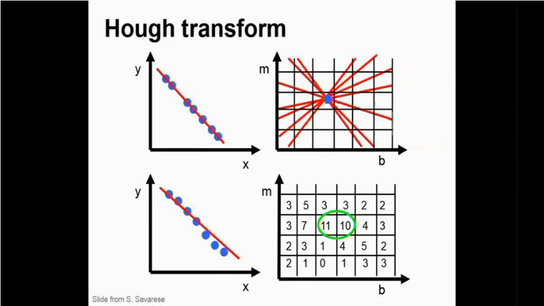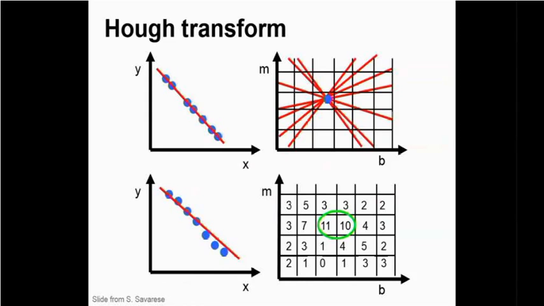If you have a little bit of noise in your points, there might be a couple of values that have a large accumulation of points, so you choose the local maximum. In this case, it would be 11. In the illustration, it's saying that there are 11 points that agree with this estimate of your slope and intercept.